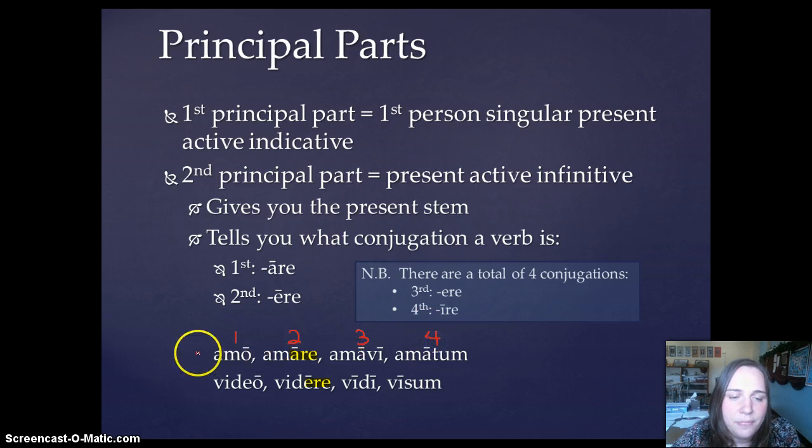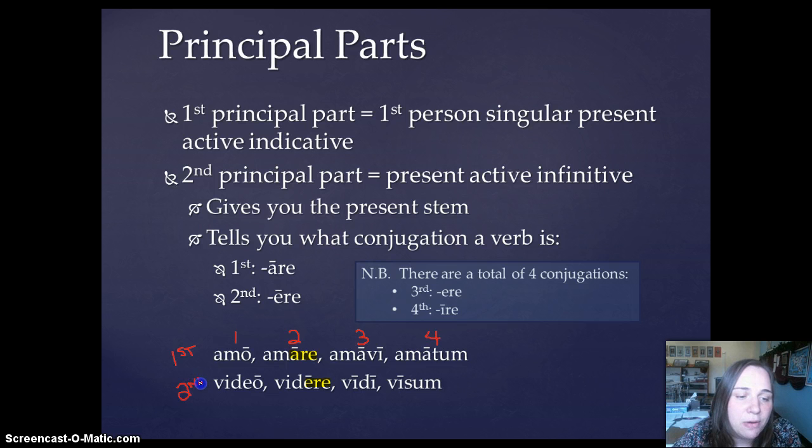The first and the second principal parts are the ones we're going to be using for right now. The second principal part is really important because it's telling us that amāre is going to be first conjugation, and it's telling us that vidēre is going to be second conjugation.